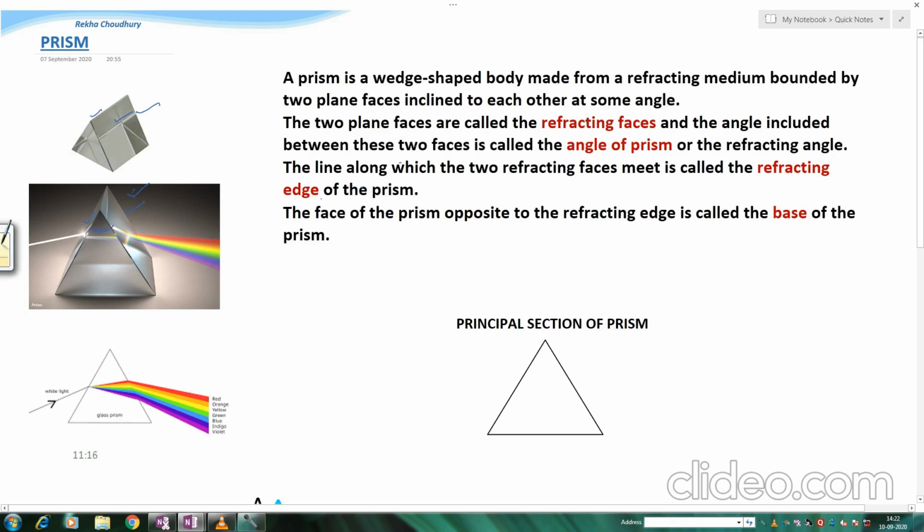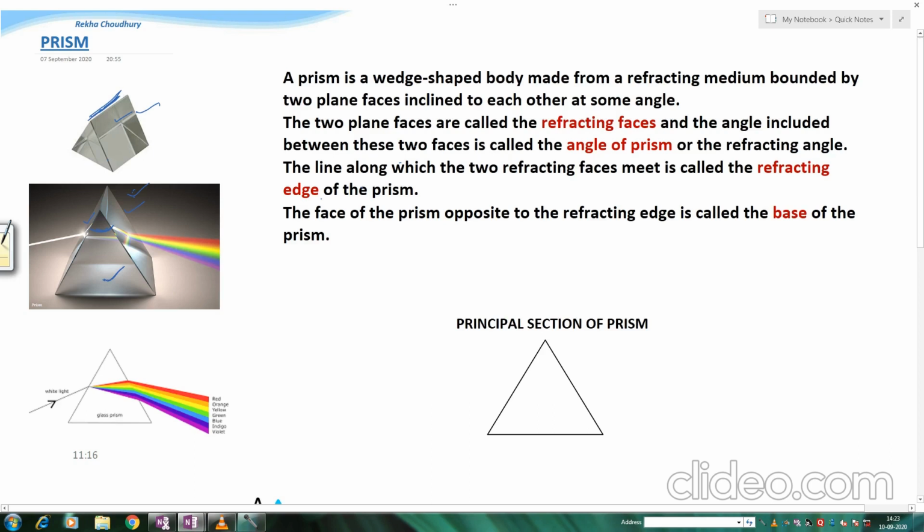The line along which the two refracting faces meet is called the refracting edge of a prism, and the plane opposite to the refracting edge is called the base of the prism. See, this plane is called the base of the prism.